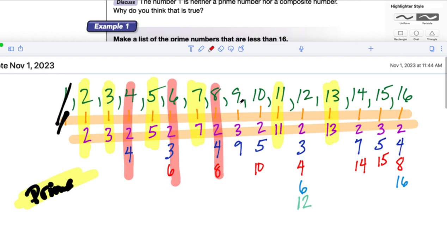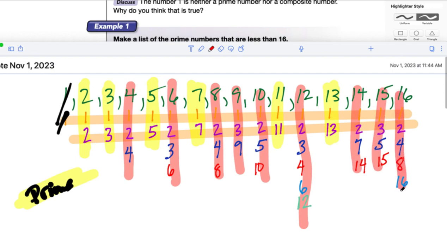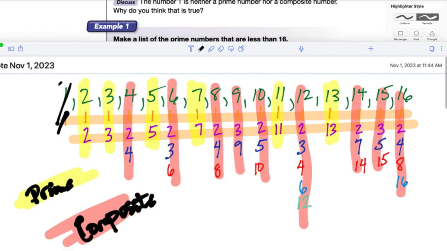And you can see the more numbers we get up to, most numbers are composite. So prime numbers are a very rare type of number, okay? And composite numbers, let me write composite here. Composite numbers you see quite often. 1 does not fit in either of those categories.